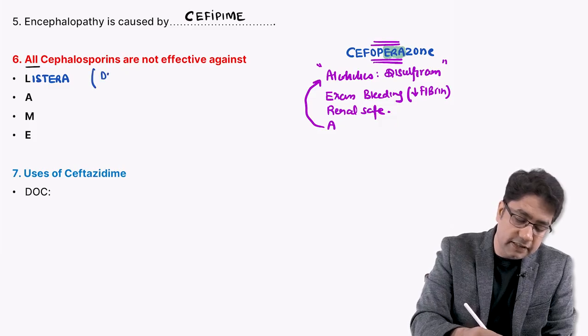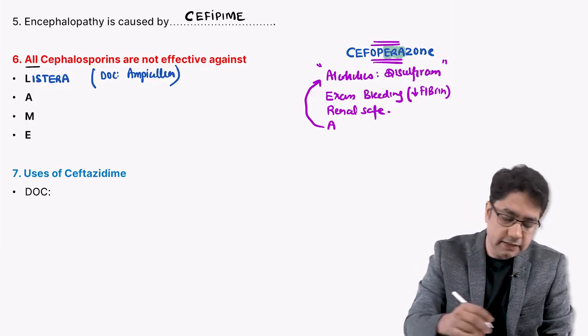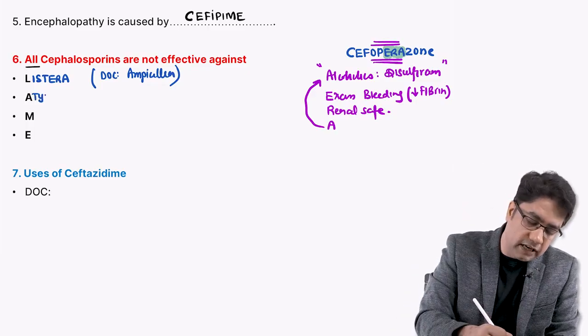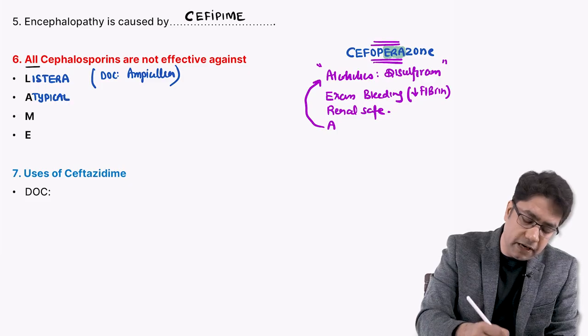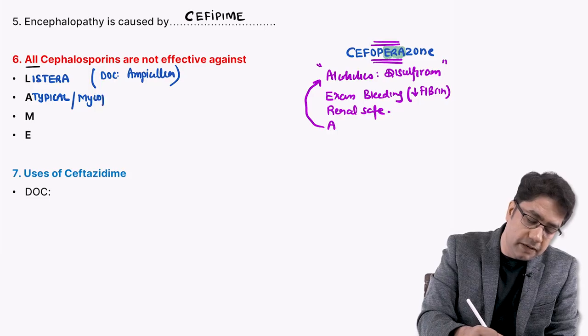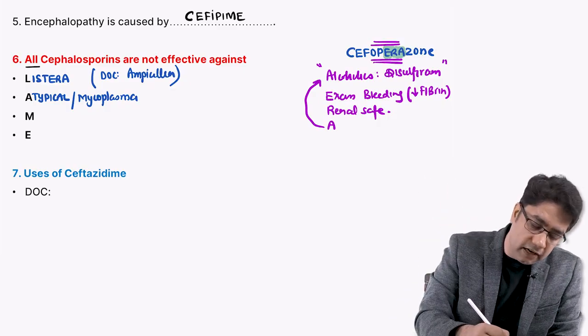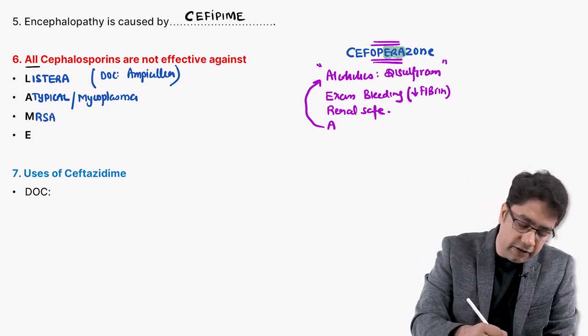In Listeria, we discussed the drug of choice was ampicillin. This Listeria causes meningitis. All cephalosporins are not effective against atypical bacteria like Mycoplasma because Mycoplasma-like bacteria lack a cell wall. Cephalosporins inhibit the cell wall. Now they are not effective against MRSA and they are not effective against Enterococci.